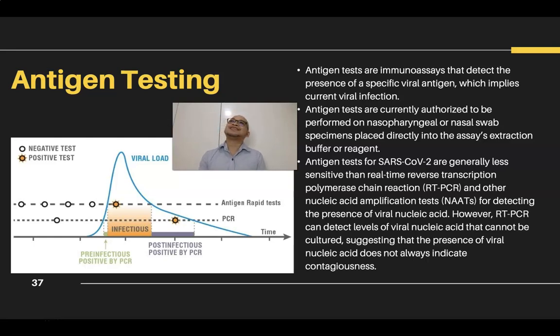Meaning to say, so again, this is another school of thought that if a person becomes positive with RT-PCR, it simply means that you have the genetic material of the virus, but it does not necessarily mean that you are contagious, which is, of course, in exact opposite with the interpretation that a person positive with RT-PCR suggests an active COVID-19 infection.